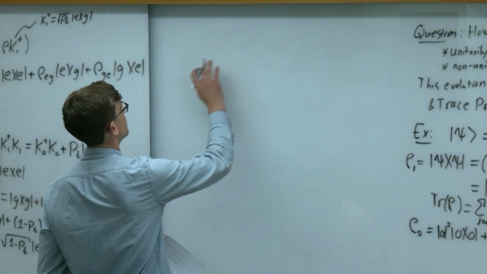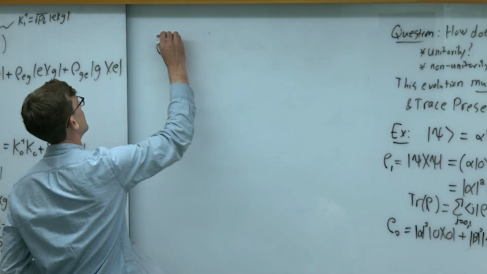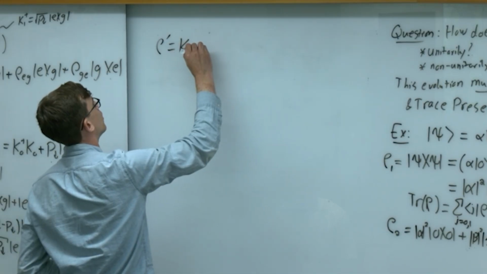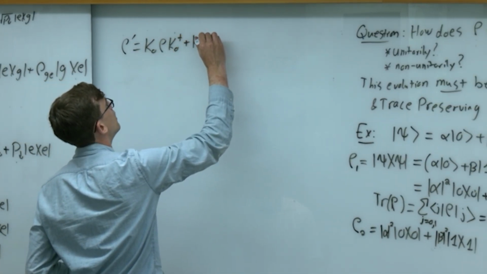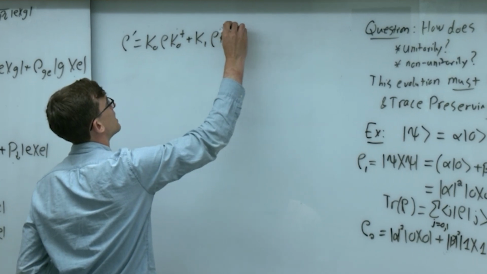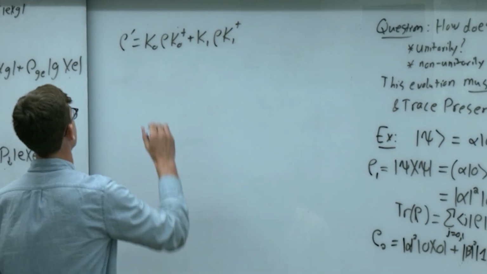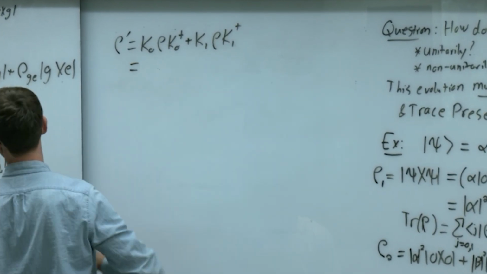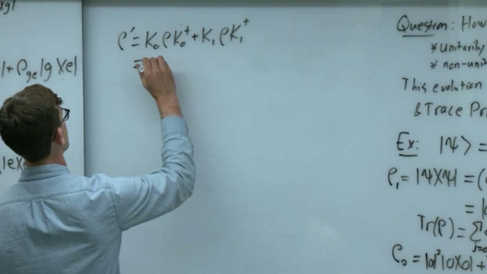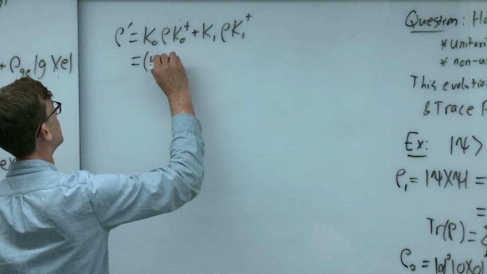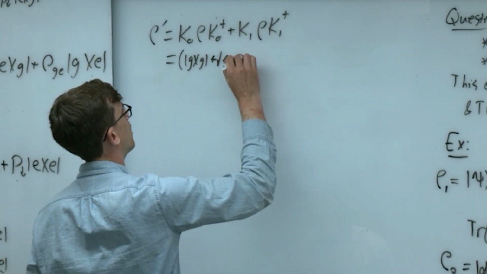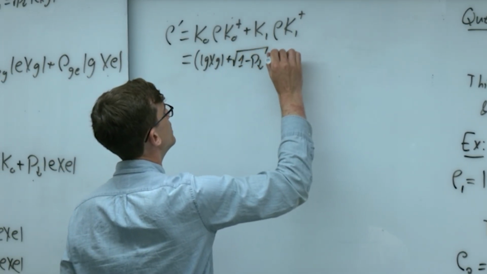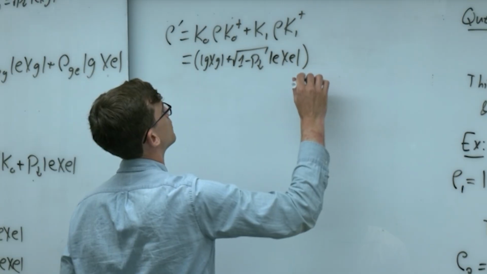You would compute rho prime is equal to K0 rho K0 dagger plus K1 rho K1 dagger, right? So let's explicitly compute this. I think that might be a nice thing to do. So we have GG plus square root of 1 minus p down EE times rho.